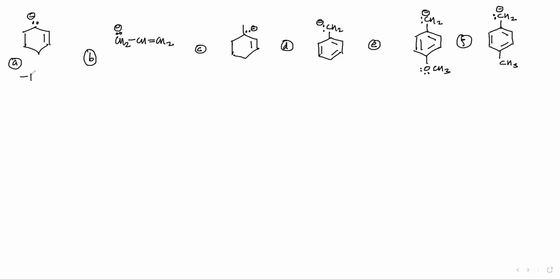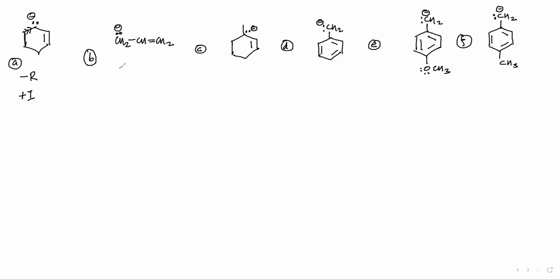This is minus R for sure because the electron is moving away from here. Correct? Minus R is there if I am right here. And this is an alkyl group, so this will be giving electrons. So I can write plus I here. And there are more numbers.